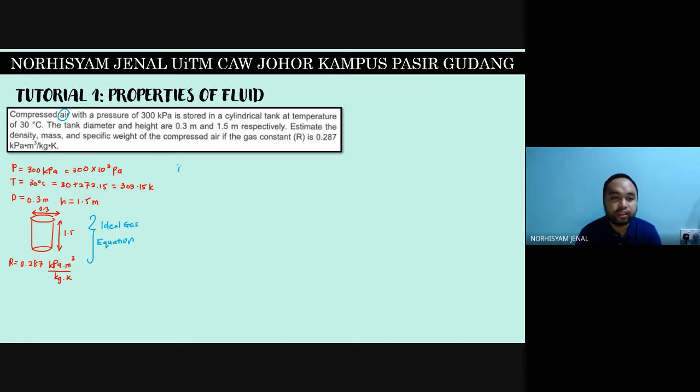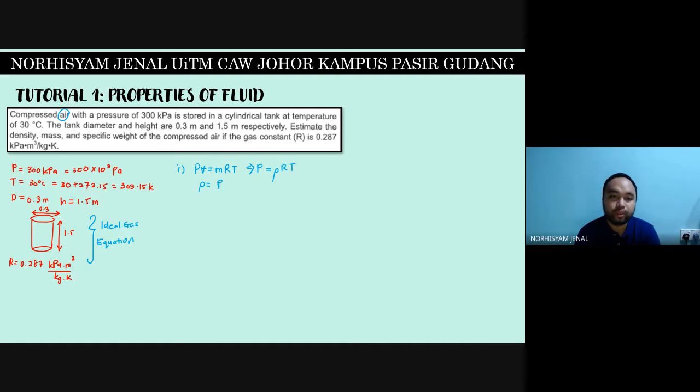To find out the density, first you need to provide this equation: PV equals mRT, which is also P equals rho RT. This is based on the definition of rho equals mass divided by volume. So to find the density, we just rearrange the equation.